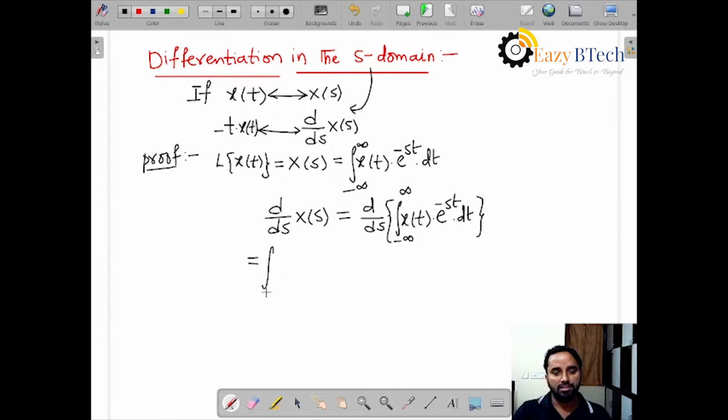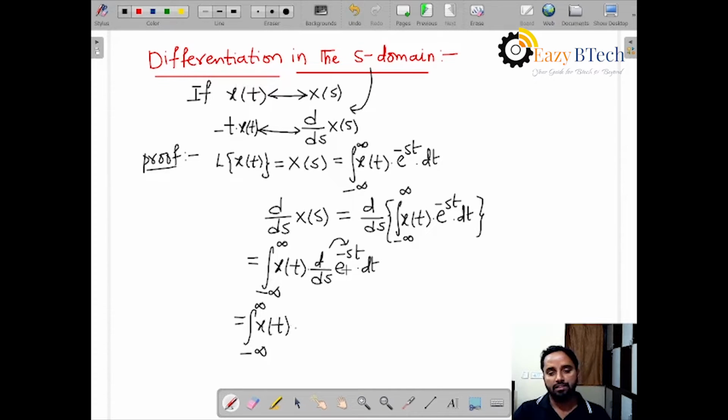So now we can write this as the integral from minus infinity to plus infinity of x of t into d by ds of e power minus st dt. The s term is available in e power minus st, therefore differentiation is applicable to this. Now perform the differentiation. What is d by ds of e power minus st?